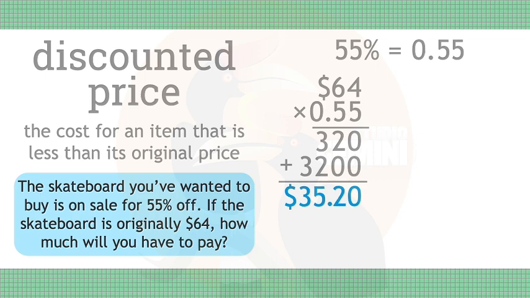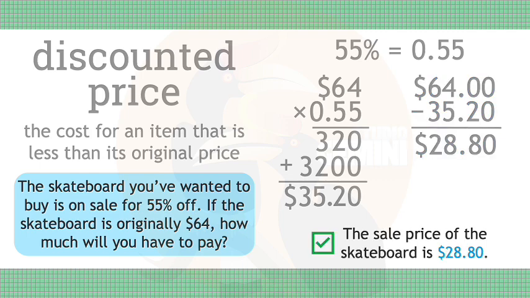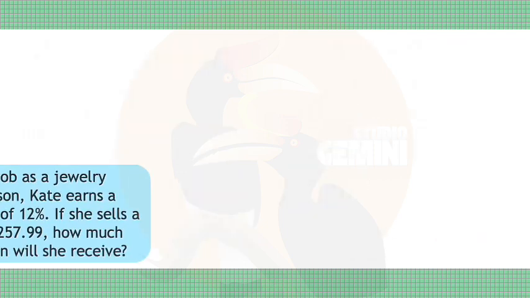To find the sale price of the skateboard, we have one final step. We have to subtract the amount of the discount from the original price of the skateboard. $64 minus $35.20 equals $28.80. The sale price of the skateboard is $28.80.